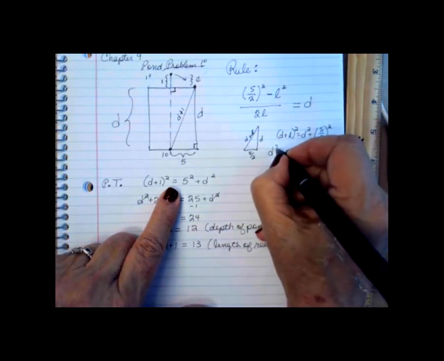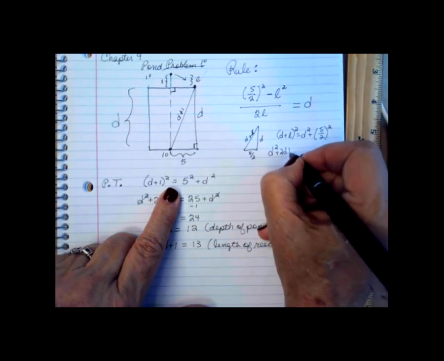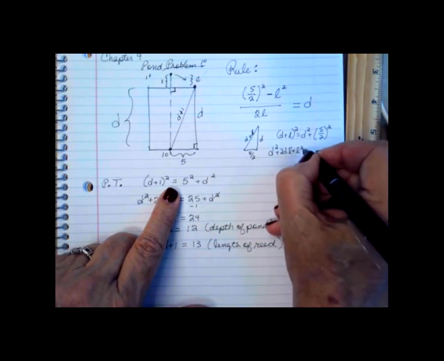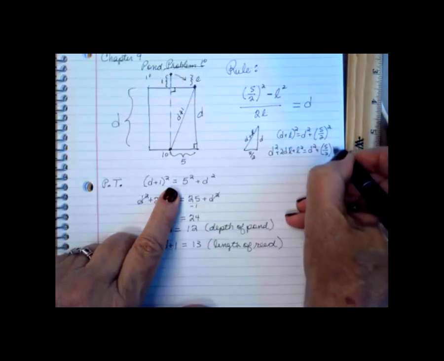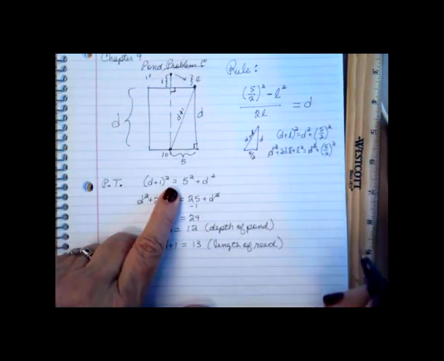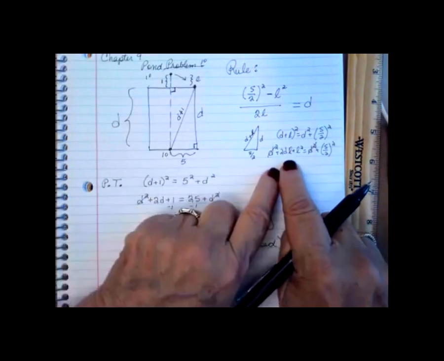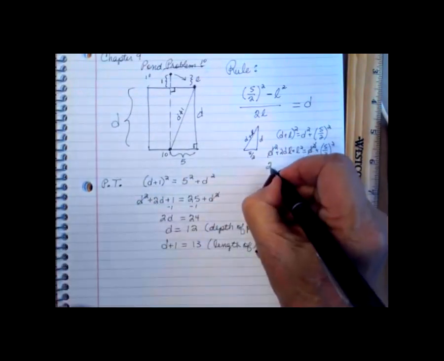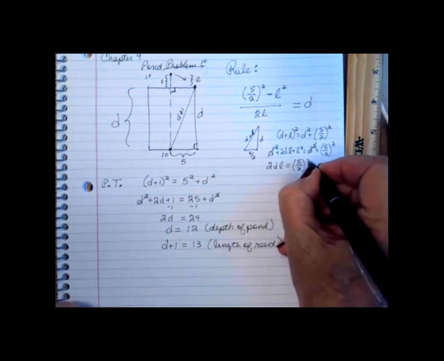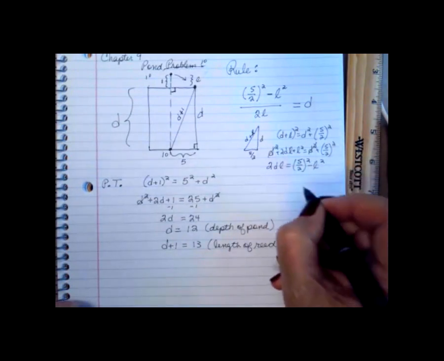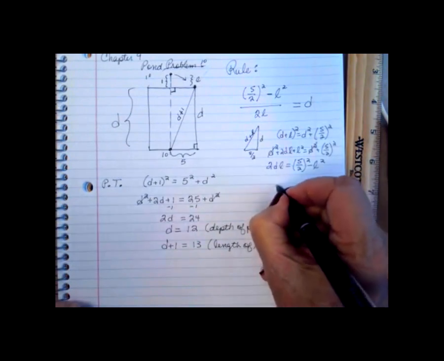Multiply this out: D squared plus 2DL plus L squared equals D squared plus S over 2 squared. I can subtract D squared from both sides. Now, what am I solving for? I'm solving for D. So 2DL equals S over 2 squared minus L squared. Divide both sides by 2L.